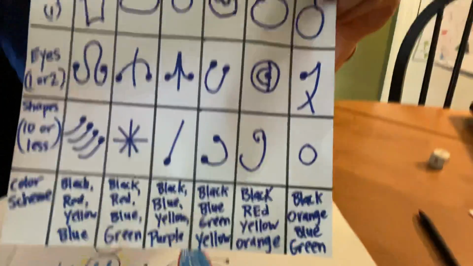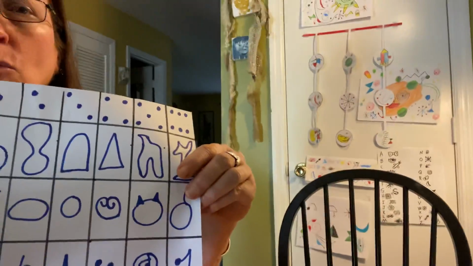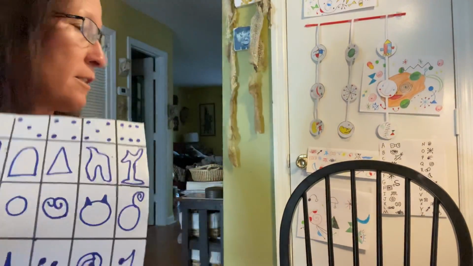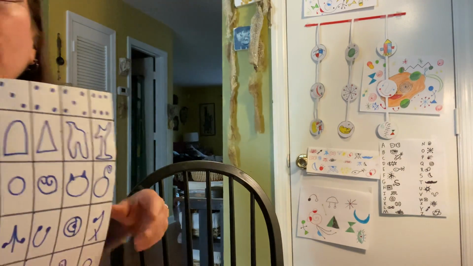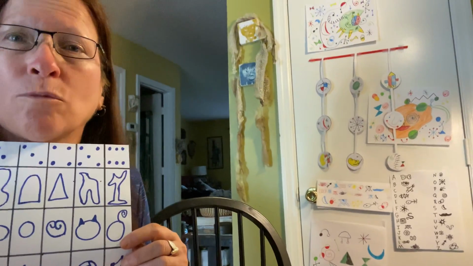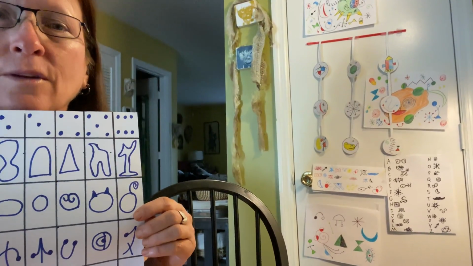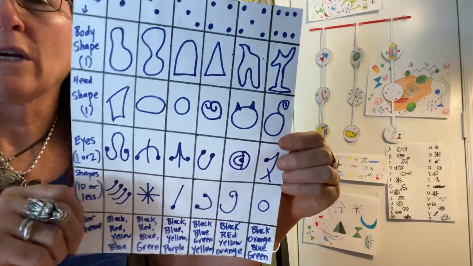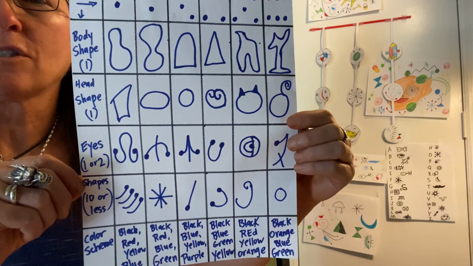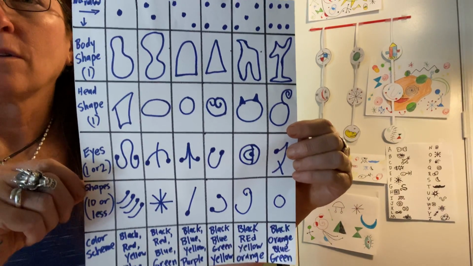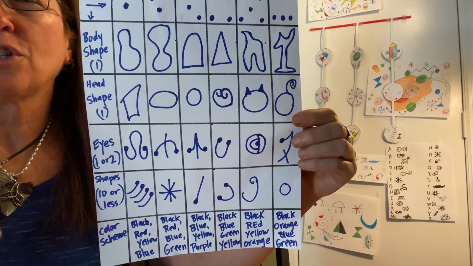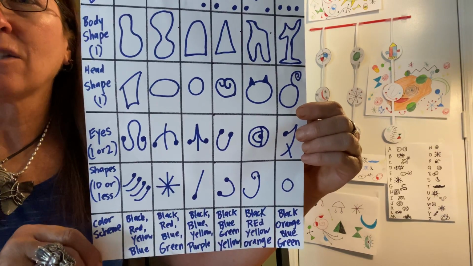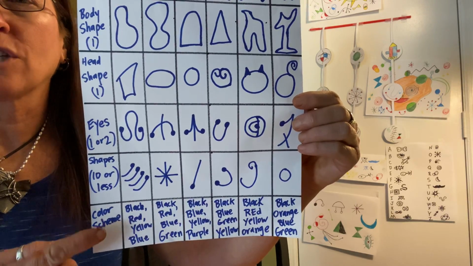So I'm going to hold this up again. Now look at all the artwork that we've made from the previous days. Move that chair out the way. Uh-oh. So that's all the art that we've been working on. So right here, I want you to take a good look at this. These are your numbers, body shape, head shape, your eyes, the shapes, and your color scheme.